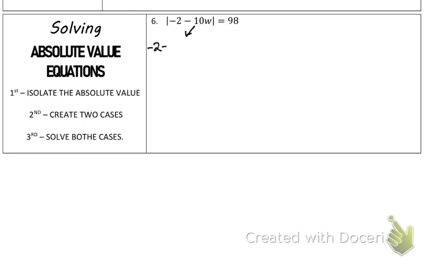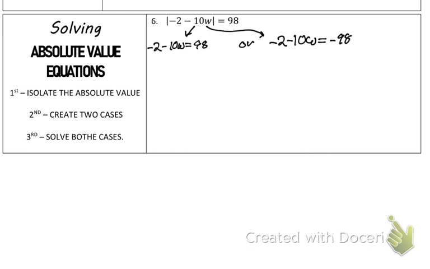So that absolute value breaks us apart into two possible situations. Either negative 2 minus 10w equals 98. If that's true, the absolute value of 98 equals 98. Or we have to create another situation. To get rid of the absolute value bars, I have to break it apart into two possibilities. Or negative 2 minus 10w equals negative 98.